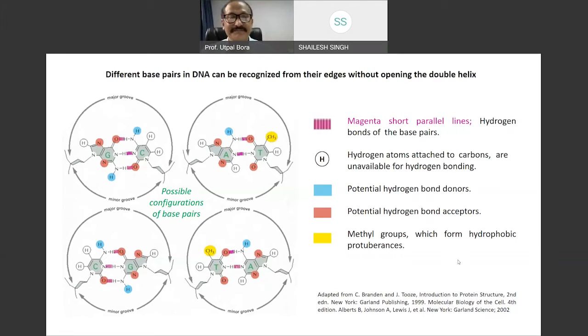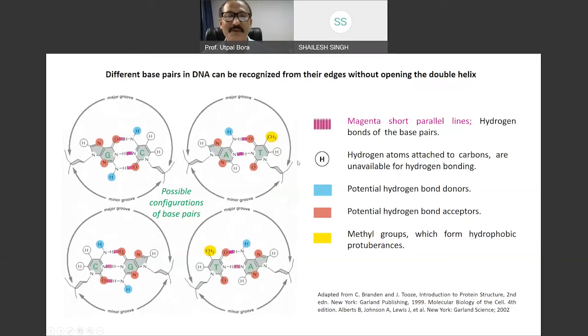So now you can see the possible base configurations in here, four possible base configurations: GC or CG, AT or TA. And here, just to show you, in all four cases, where the major groove and the minor groove lie, and these are the hydrogen bonds between the bases, and the hydrogen atoms attached to carbon, which are unavailable for hydrogen bonding.